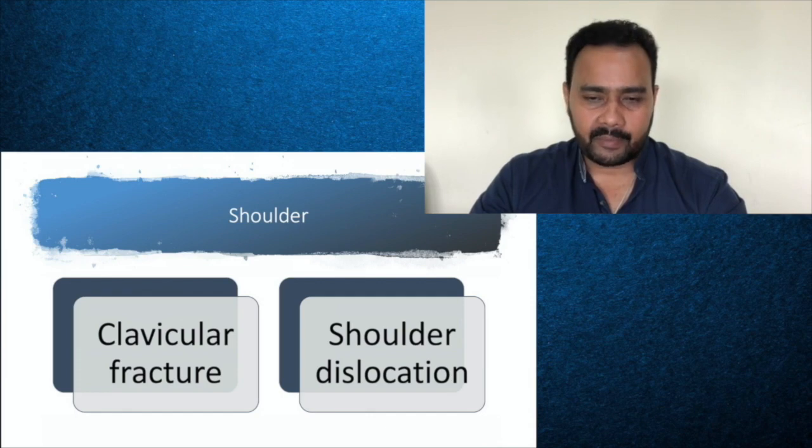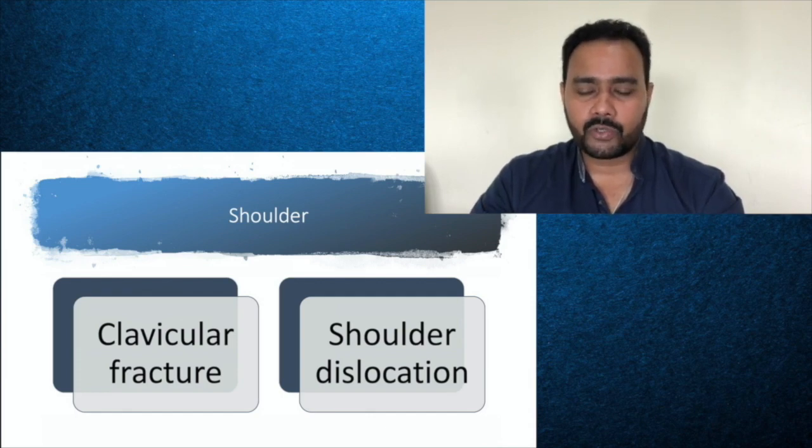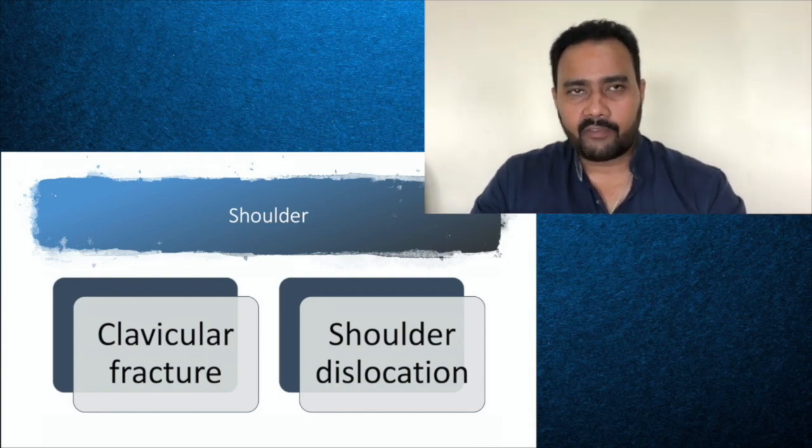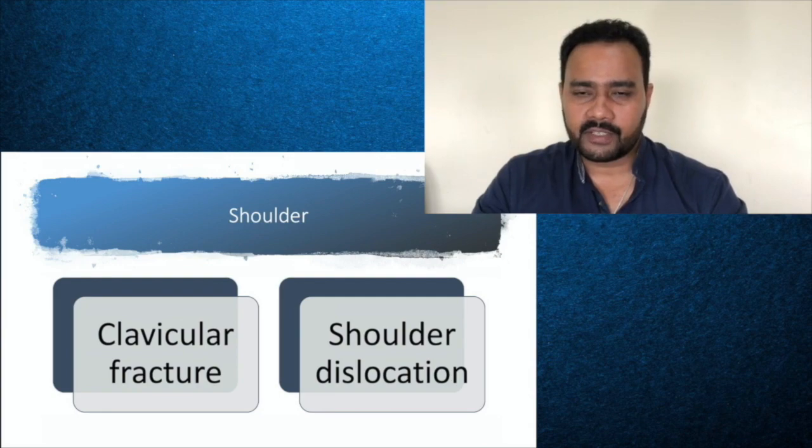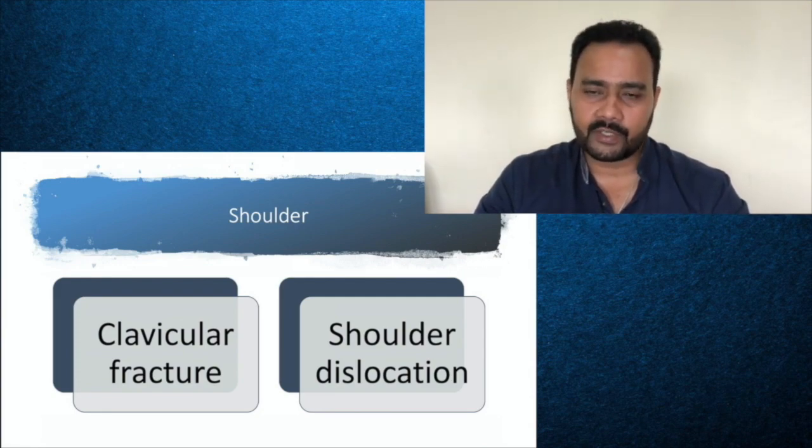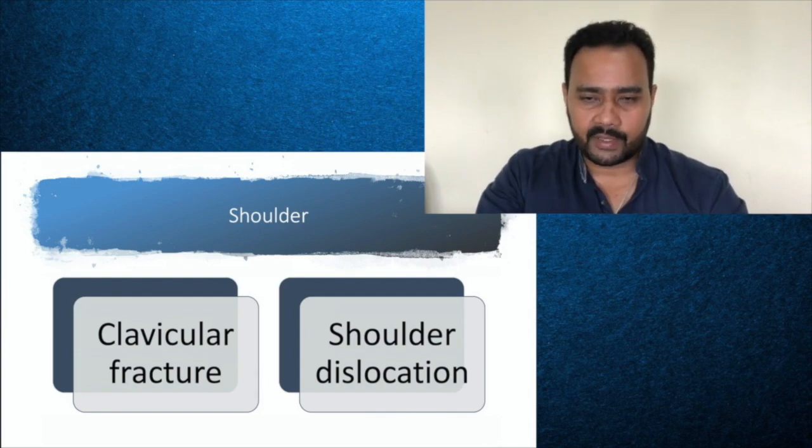The shoulder girdle is formed by the clavicle as well as the scapula. So clavicular fracture is one of the common fractures. A few things you have to touch on, as well as shoulder dislocation, which is also one of the main things we need to discuss.